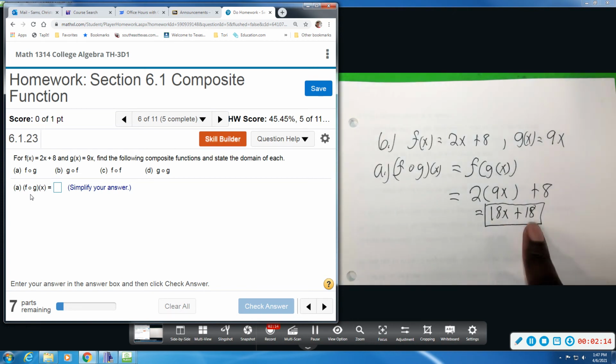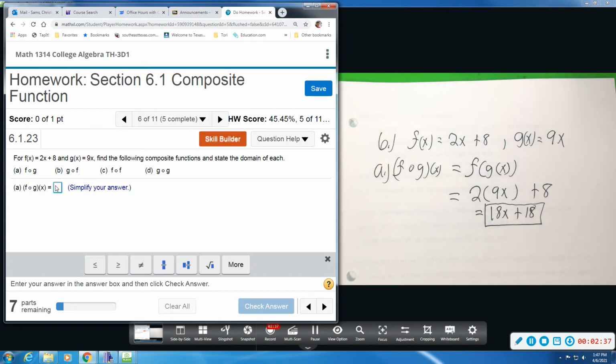Now, if we go back to our previous discussions about domain, we can look at this function and we see that there are no fractions, there are no square roots, there are no logarithms, so our domain will be all real.